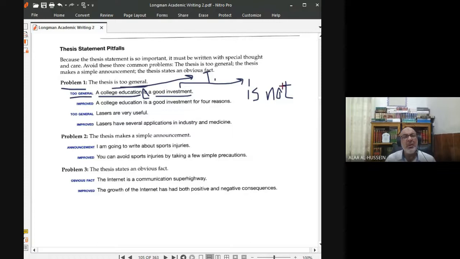يا طلاب, you should know this. Okay? The controlling idea starts with the verb.